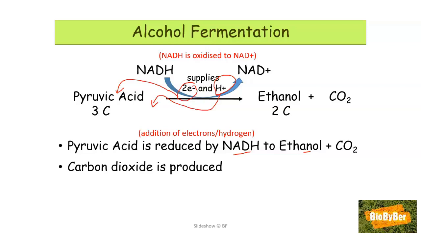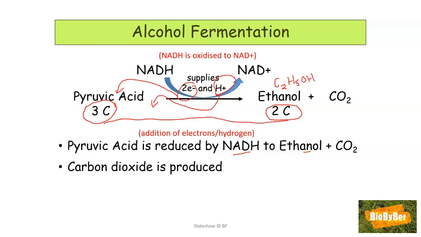Now, if we look at these circumstances where pyruvic acid is reduced to alcohol and carbon dioxide, we can see that pyruvic acid contains 3 carbon atoms and is reduced to alcohol, ethanol, which contains 2 carbon atoms. The formula for ethanol is C2H5OH, as the chemists will know.